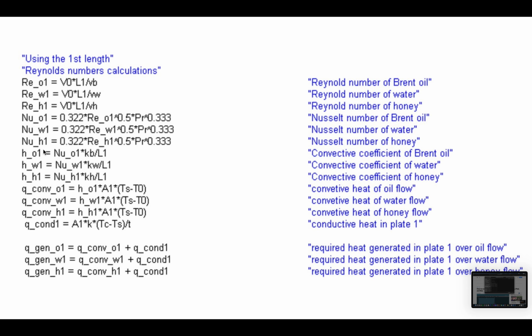From the Nusselt number we can calculate the convective heat transfer coefficient. From the coefficient we can start calculating the convective heat loss due to external flow of oil, water, and honey. This right here is where we calculate the conduction heat loss.